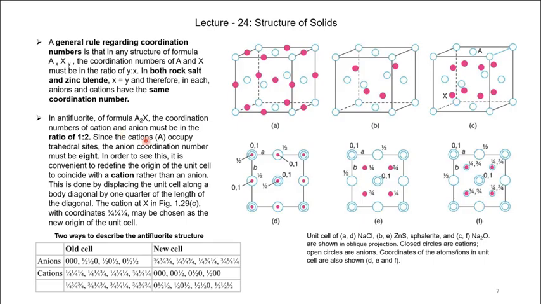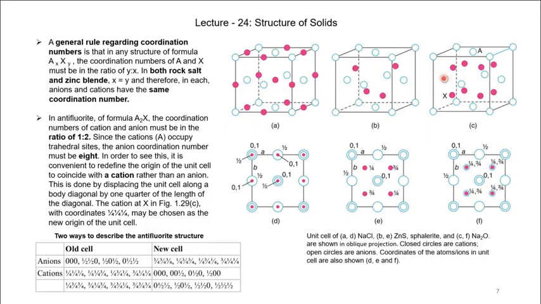Okay, these are the unit cells of the three structures we are talking about. A is the unit cell for the sodium chloride structure. B is the unit cell for sphalerite or zinc blende. So A is rock salt, B is zinc blende, and C is the unit cell of the antifluorite structure.